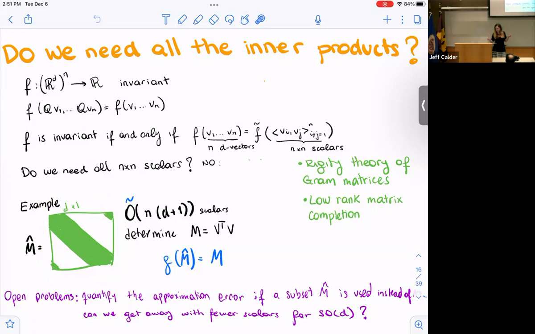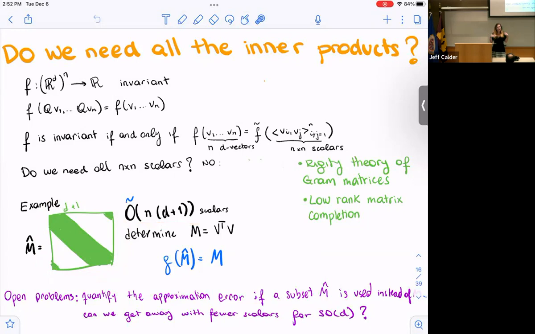For instance, there are some papers by Amit Singer on the rigidity theory of graph matrices, which tell you when you can reconstruct a low rank matrix from observations. Here, this is an n by n rank D matrix, so you could reconstruct it with a subset of size n times D plus 1.